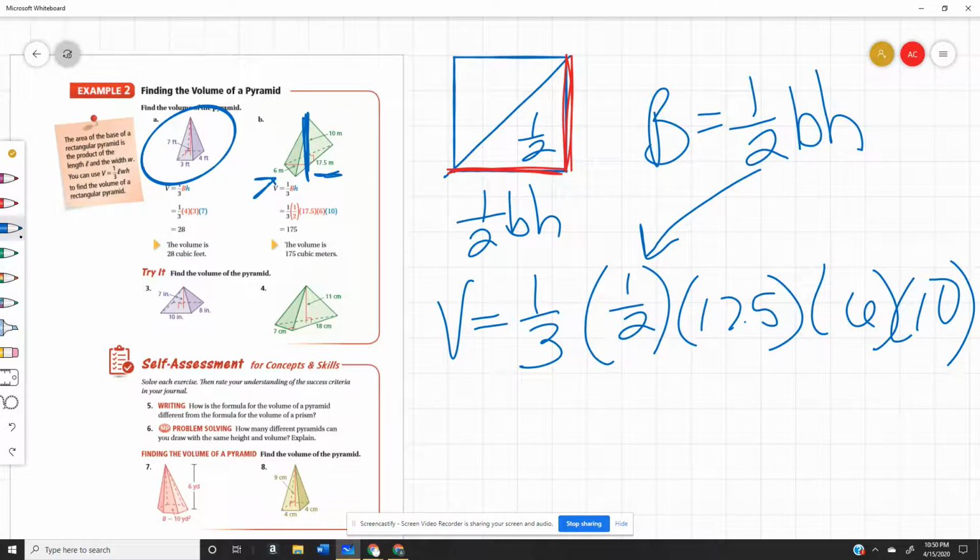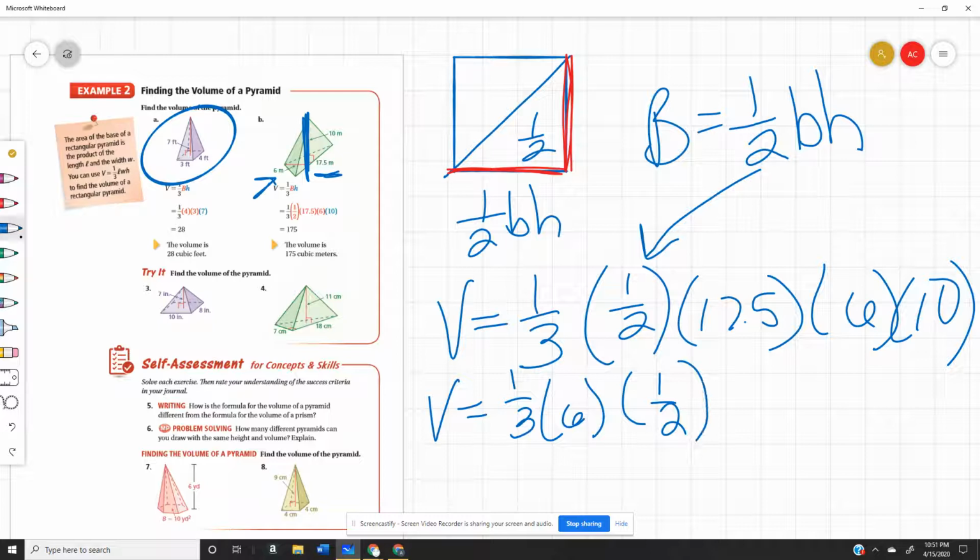Now I'm going to use the commutative property and move some things around, just because I know it's going to be a little bit easier to work out in my head if I did 1/3 of 6 times 1/2 times, let's see, let me work that part out first.